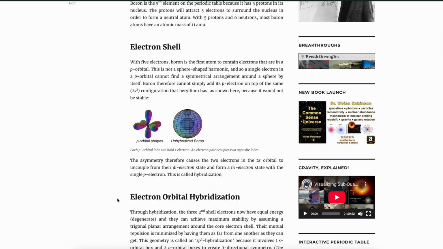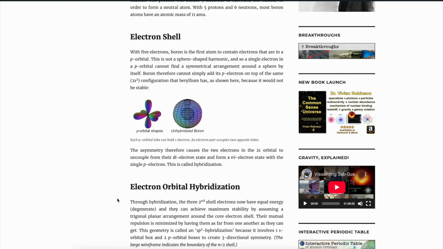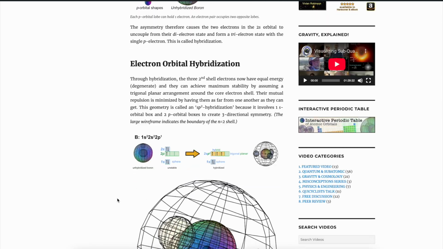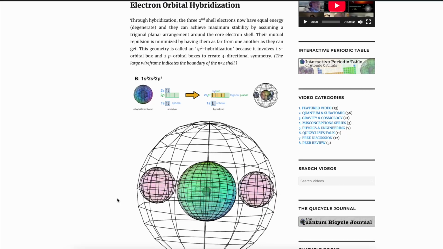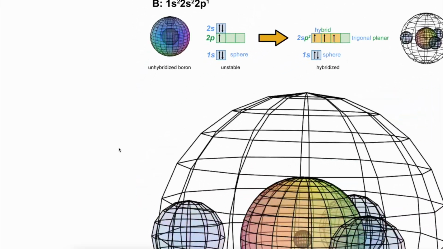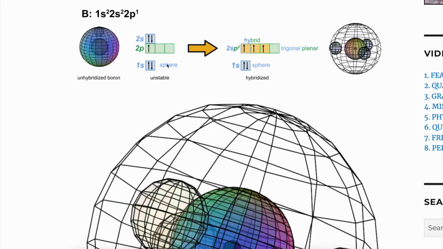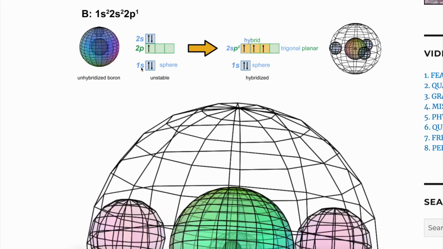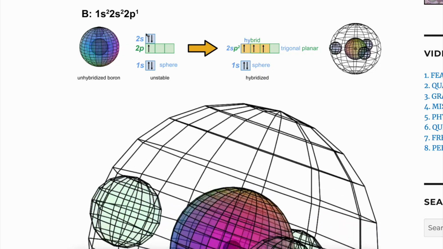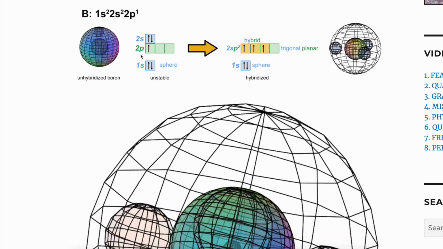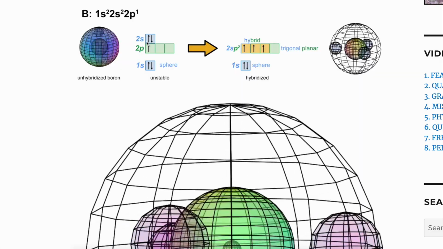Now, what will actually happen when we plug this 5th electron into beryllium? An interesting thing called hybridization will occur. This is the electron configuration of an unhybridized boron atom. You have 2 electrons in the 1s, 2 electrons in the 2s like beryllium, and the 5th electron entering the new p orbital.